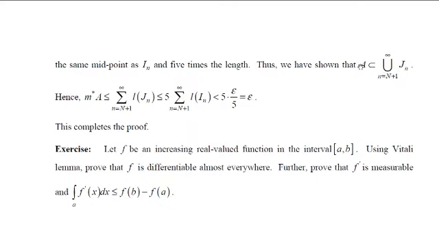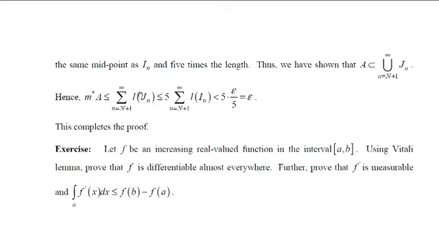And what is the m star of A? m star of A is less than or equal to m star of this union. Since these Jn's are disjoint, m star of this becomes the summation for n from N plus 1 to infinity of m star of Jn. But since Jn's are intervals, the Lebesgue outer measure of intervals becomes length. So it is the sum for n equal to N plus 1 to infinity of the length of Jn.